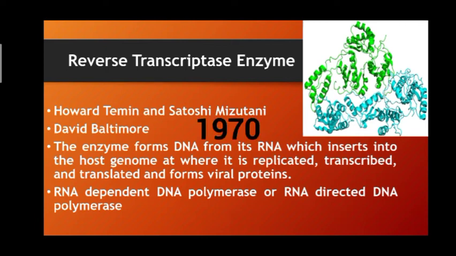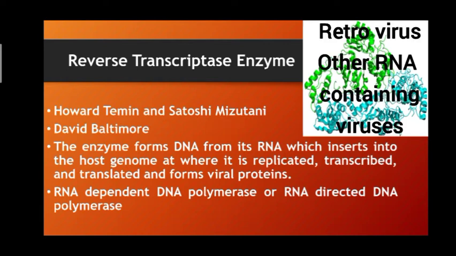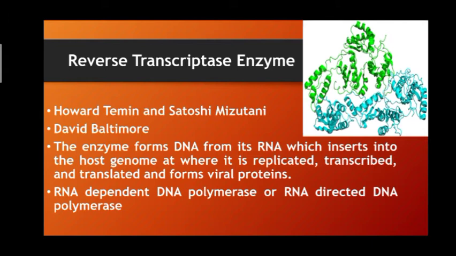It is found in retroviruses and other RNA-containing viruses. In the retrovirus, the enzyme forms DNA from its RNA, which inserts into the host genome where it is replicated, transcribed and translated and forms viral proteins.